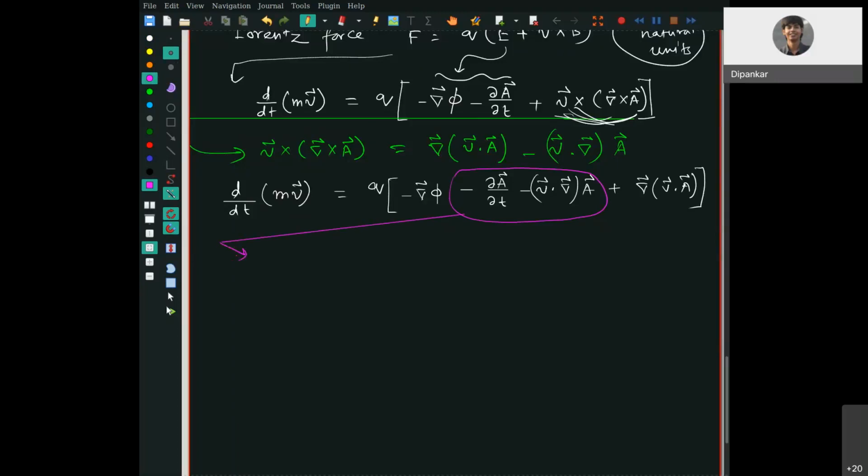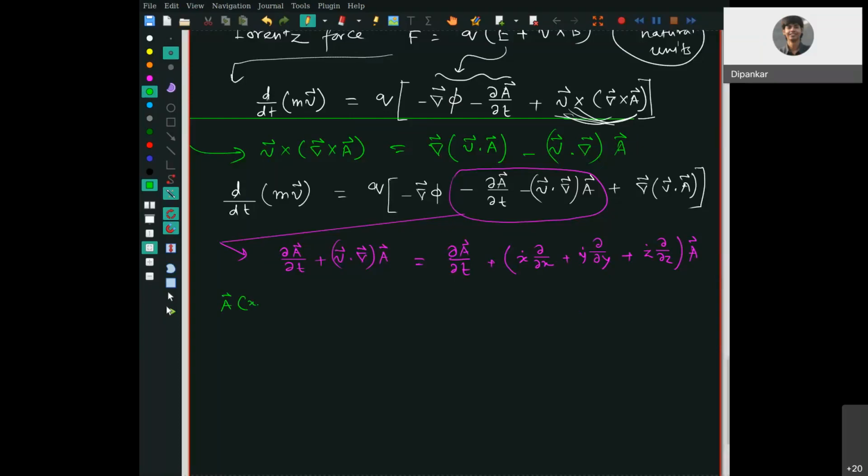If you try to compute del A del t plus v dot del operating on A, where v means x dot x cap plus y dot y cap plus z dot z cap, I would write x dot del x plus y dot del y plus z dot del z times A. Now, A is in general a function of x, y, z, t.